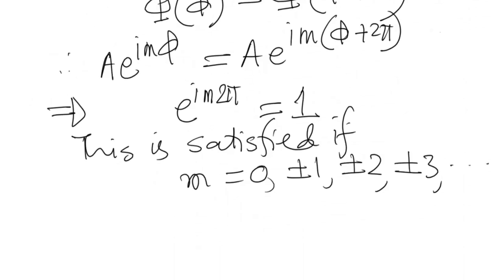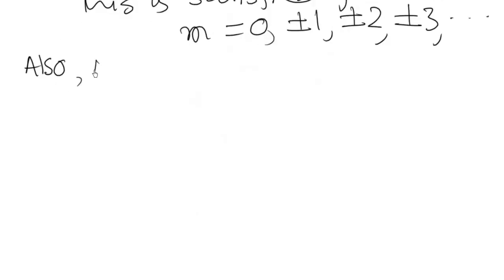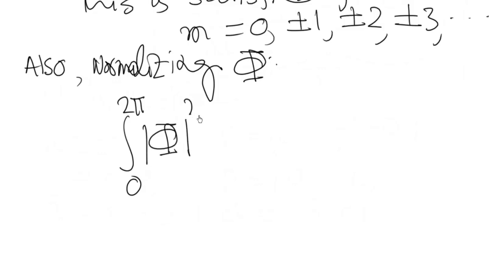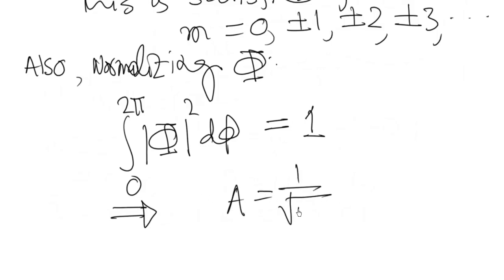And the normalization constant A can be obtained by normalizing Phi. So the integral over limits of phi 0 to twice pi of this must be equal to 1, which will give us this.